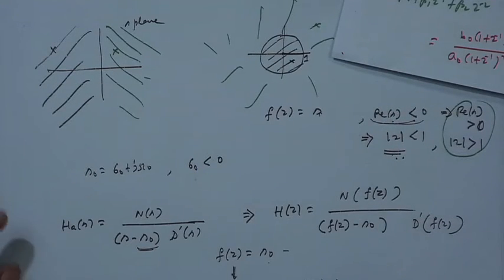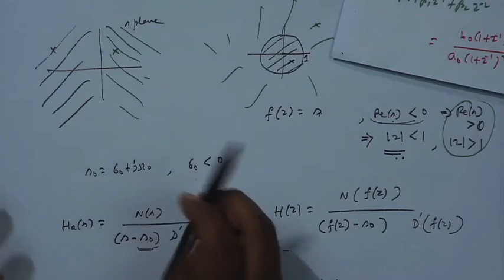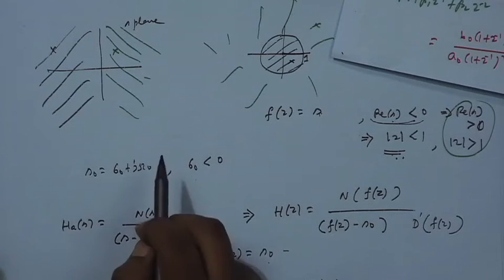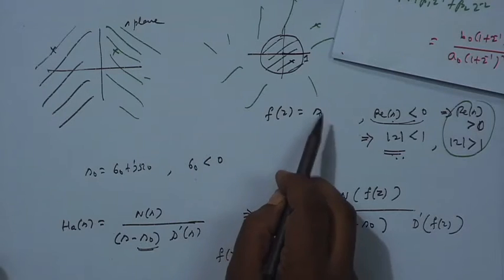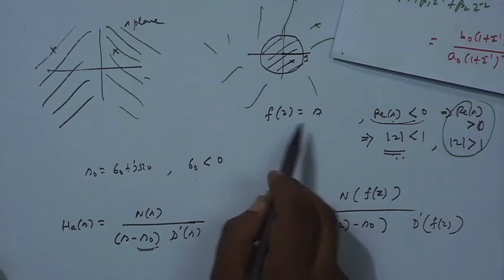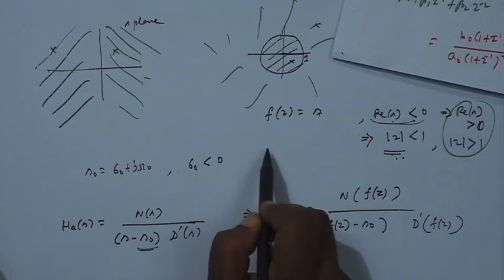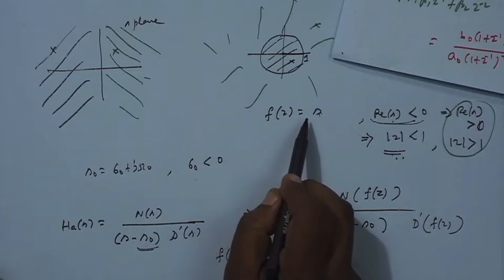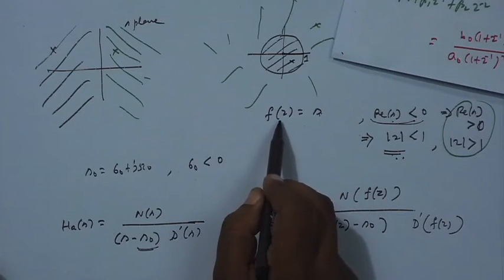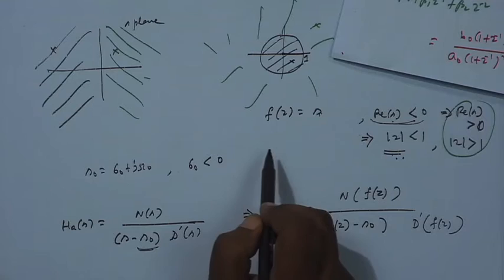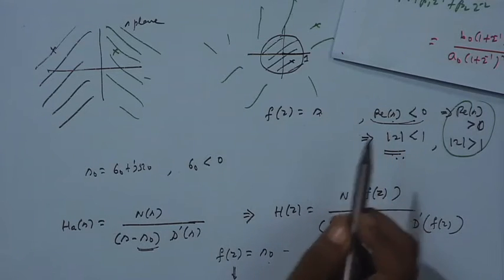This is another property of f(z). So, you should choose f(z) carefully, so that this is also satisfied: when you solve f(z) equal to s, if the real part of s is less than 0, the corresponding z should be such that mod z is less than 1. If the real part of s is greater than 0, the corresponding solution z should be such that mod z is greater than 1.